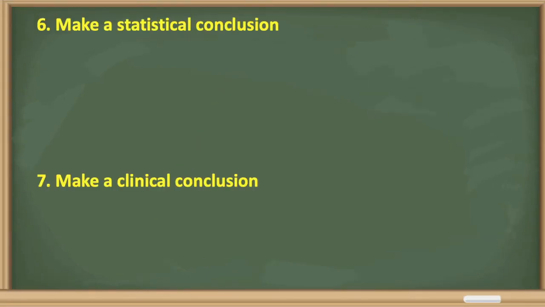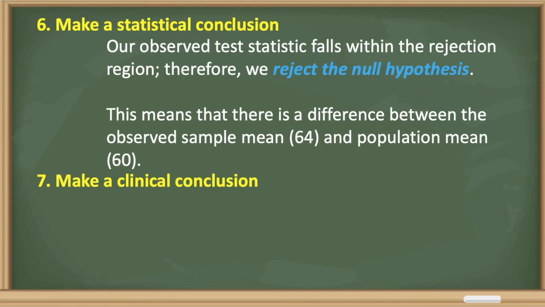All right, step 6 calls for us to make what's called a statistical conclusion. For this step, all we need to do is recount what we've just shown in our graph. So we would say here, our observed test statistic falls within the rejection region. Therefore, we reject the null hypothesis. Let's think about that for a second. What we're saying is that our t-value fell in the rejection region, and because it fell in the rejection region, of course, we're rejecting the null hypothesis.